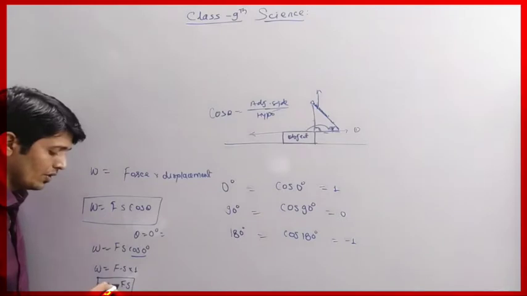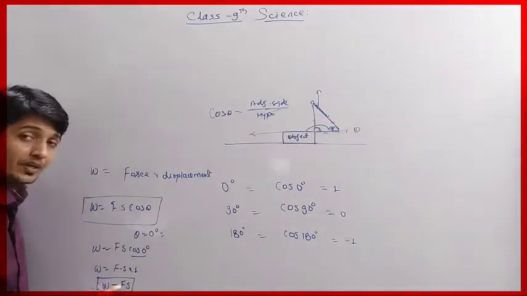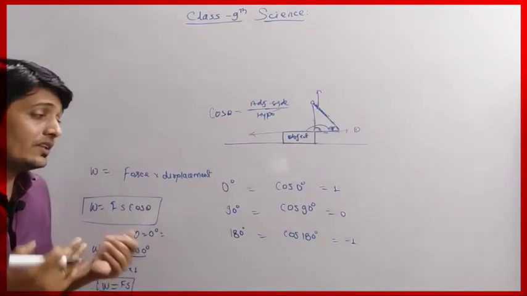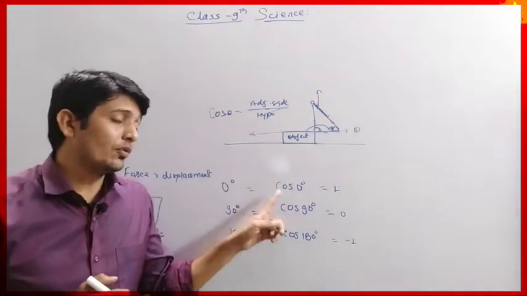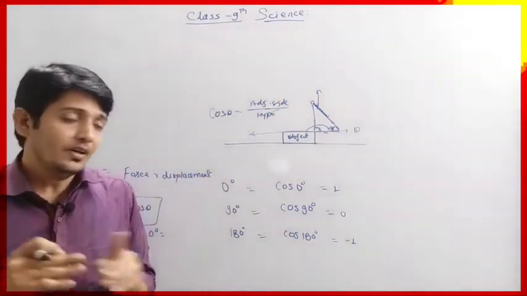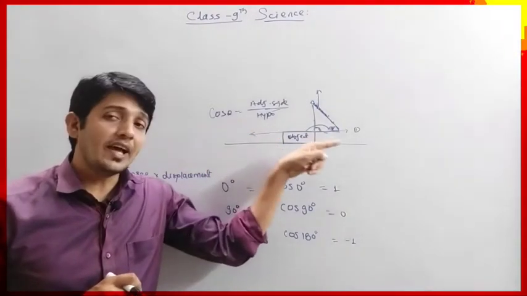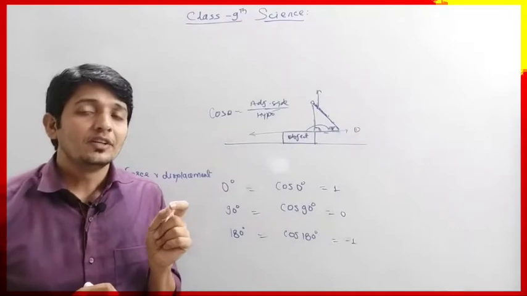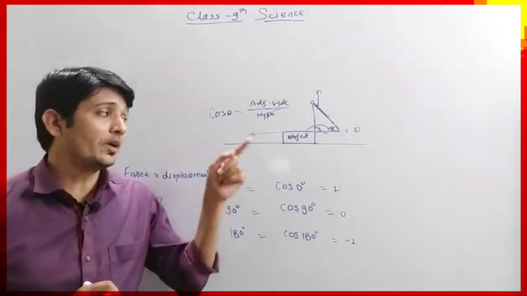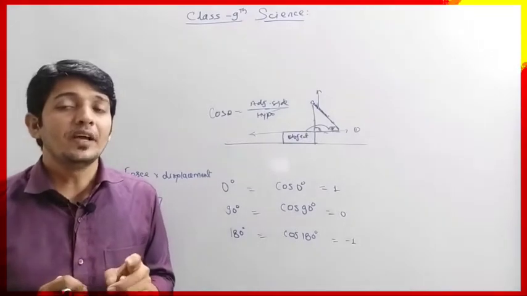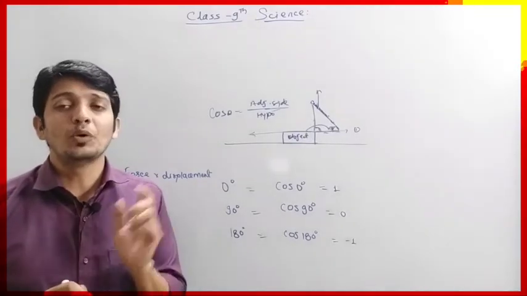Here the magnitude of work done is positive. So if the force is applied on the object in the direction of movement, the angle between the direction of force and the x-axis is 0 degree, and then work done is positive.